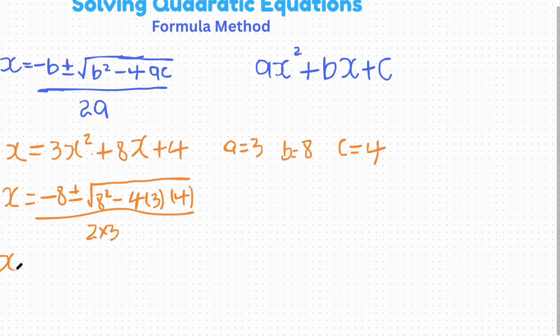x is equal to negative 8 plus or minus the square root of 8 squared, and 8 squared is what? 64. Minus 4 times 3 is 12, times 4, that's what? 48.